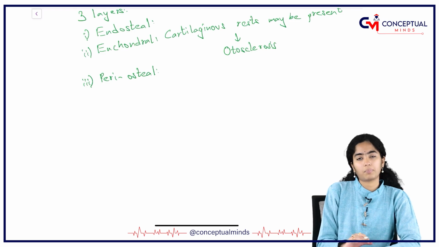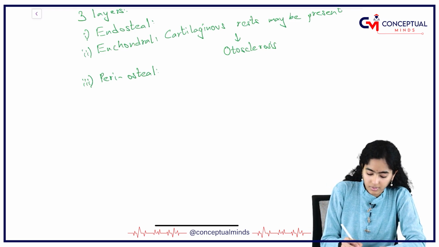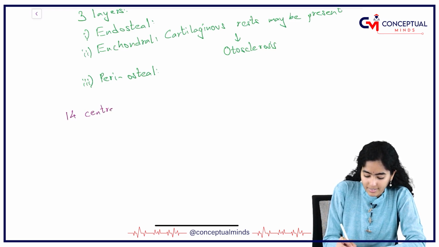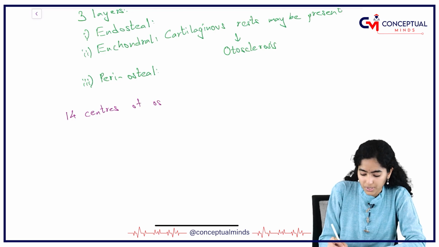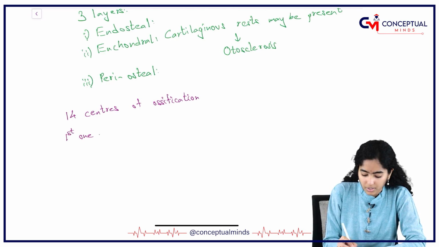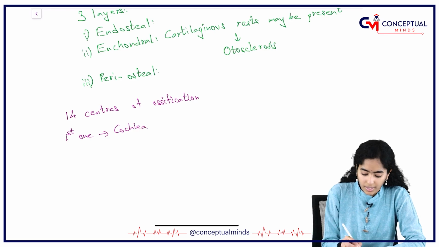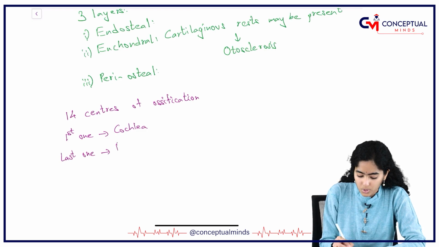This fact might be important from MCQ per se, okay? So it develops from 14 centers of ossification. The first one is at cochlea and the last one is at posterior semicircular canal.